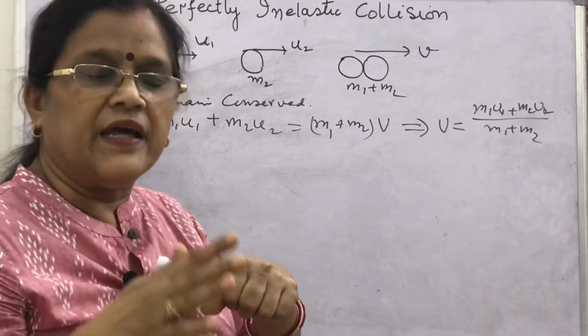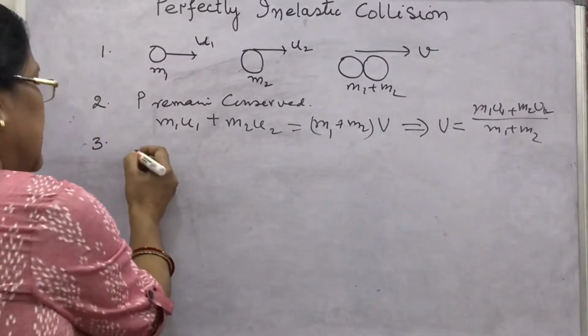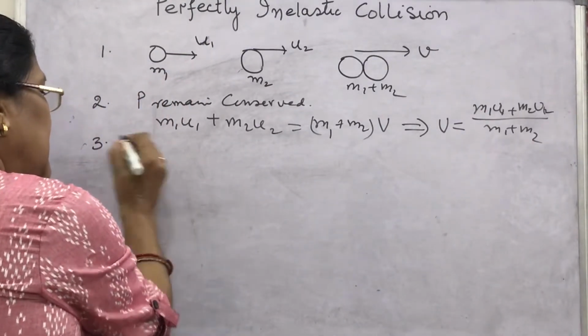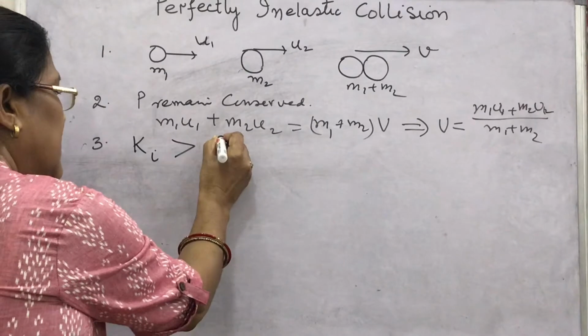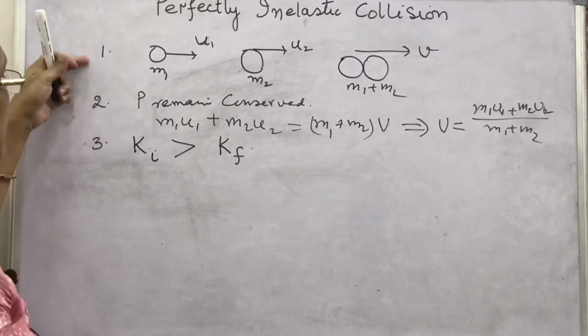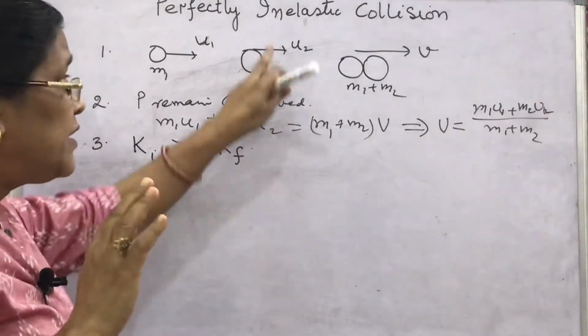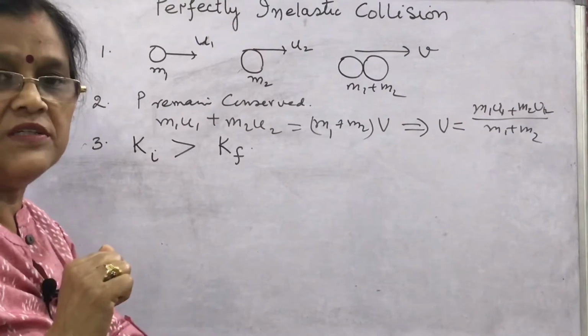Therefore kinetic energy is also not recovered. That is why we say that kinetic energy initial is greater than kinetic energy final. All these three characteristics are true for 100% perfectly inelastic collision.